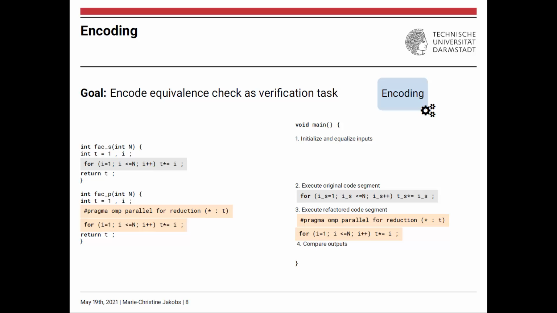Thus, in the original code segment, we now use copied variable is for i and ts for t. Note that we decided to use copies for the original code segment and not for the refactored code segment, because thus we can avoid that we adapt OpenMP directives, which just makes the encoding more simple.